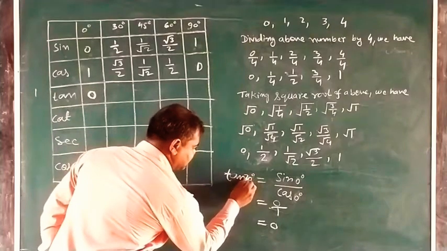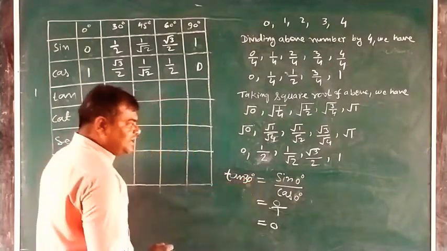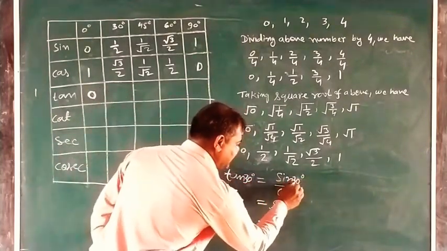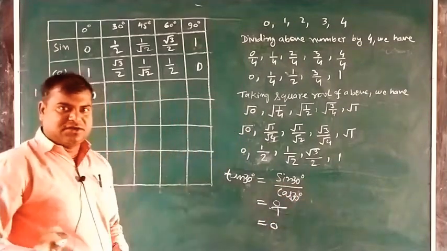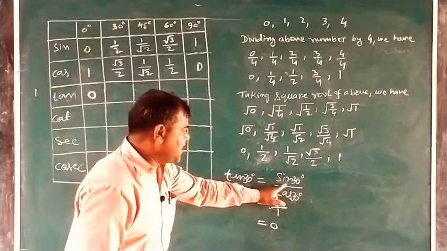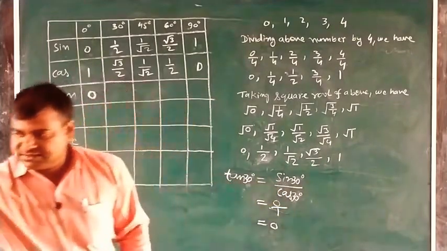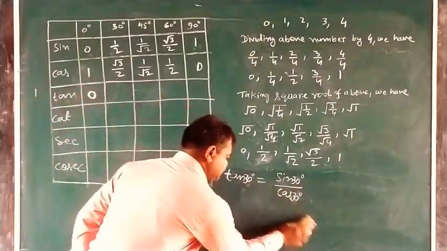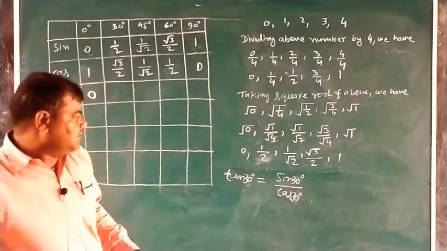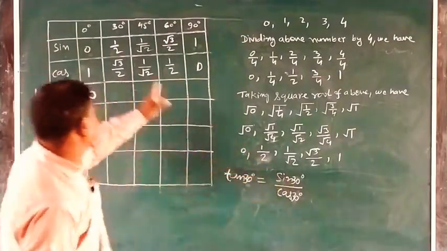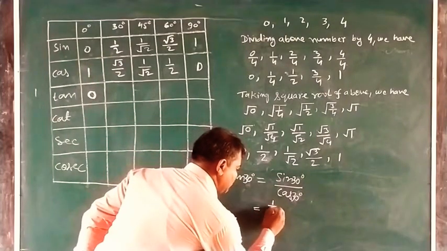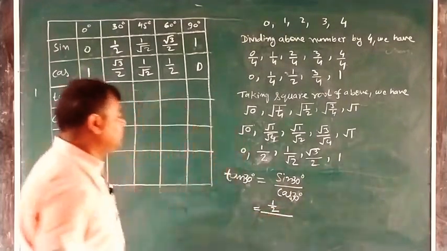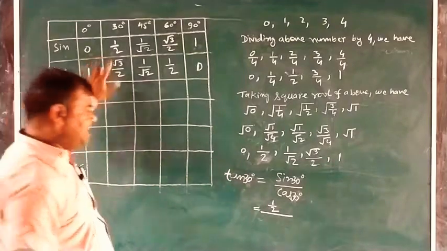Tan 30 degree is equal to sin 30 degree by cos 30 degree. Any doubt? And the value of sin 30 degree from this table is 1 by 2. So we will write here 1 by 2. And the value of cos 30 degree is under root 3 by 2.